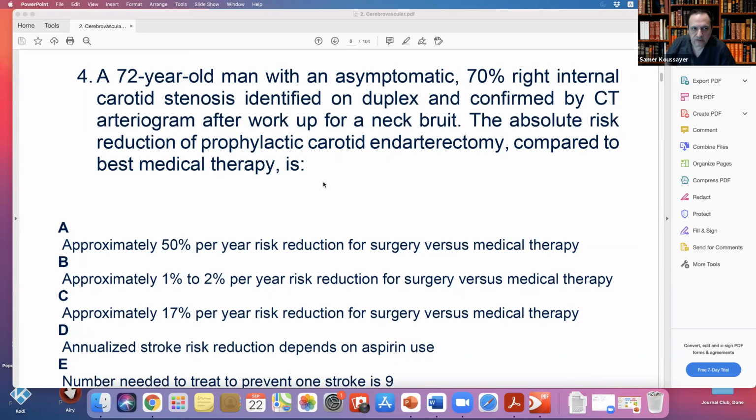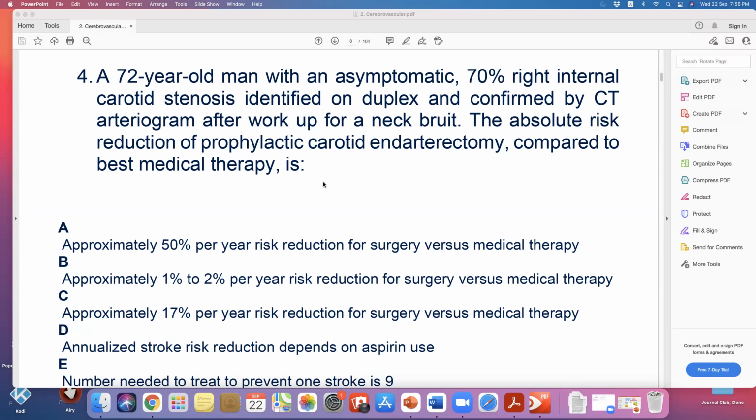Absolute risk reduction. This is what people who argue against surgery or stenting use very often. What's the risk reduction? If we do a surgery, how much do we decrease the risk of stroke per year? If you do a surgery versus medical therapy, you have to remember the numbers. Can you guess? It's hard to remember, but can you guess?